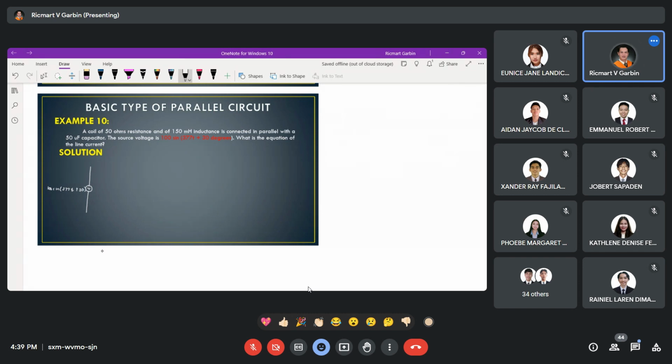Then, connected daw across it are a coil with 50 ohms and 150 millihenry inductor and a capacitor of 50 microfarads. So, ang hinahanap is the equation of the line current. So, pag sinabi natin line current, yun po ay yung total current. Maliwanag po?